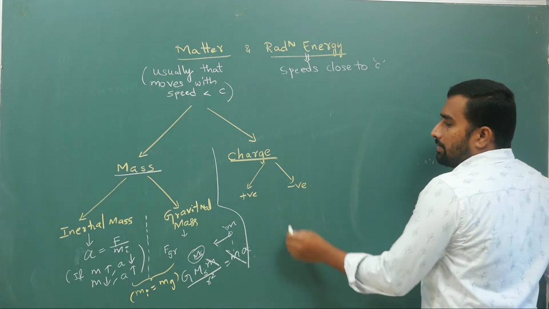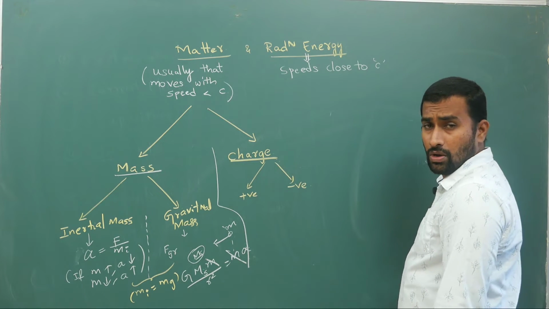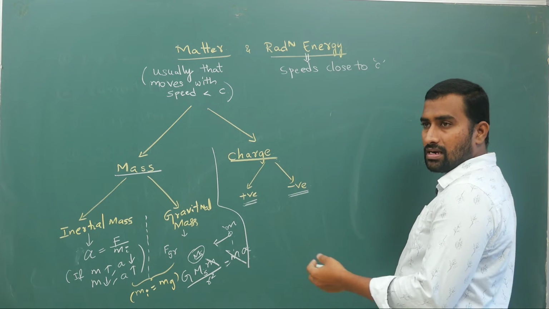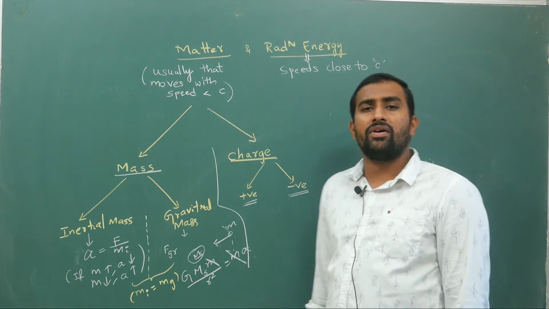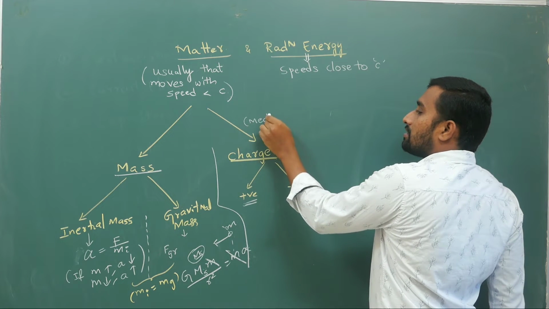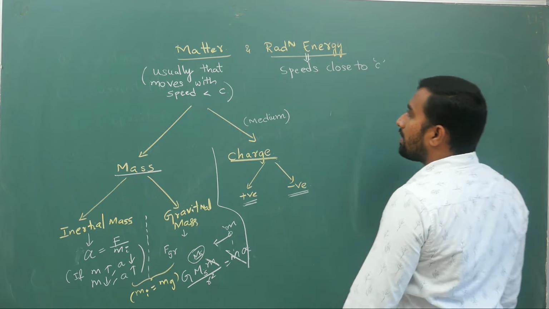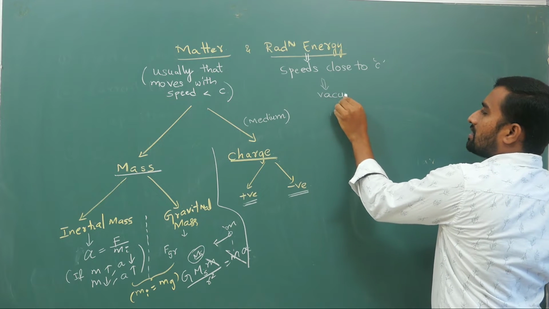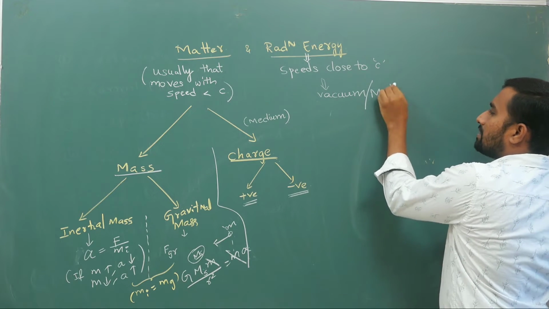And coming to the second property of a matter particle, that is charge. How charge comes, we will start studying in detail from the electrostatics chapter. For matter particles, usually a medium will be associated with them. But radiation energy is usually associated with vacuum, though it is also present in a medium as well.